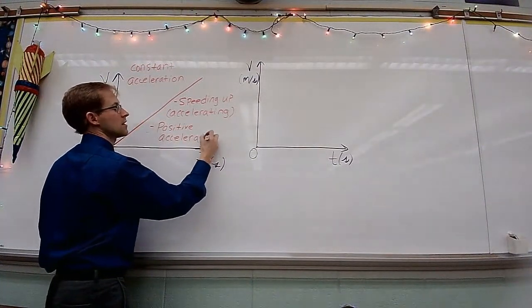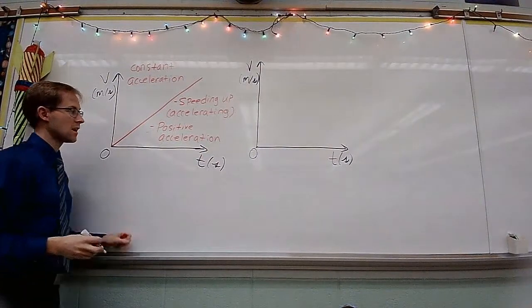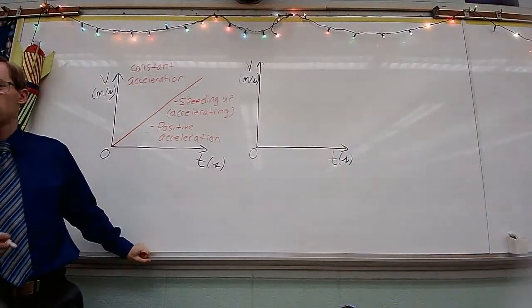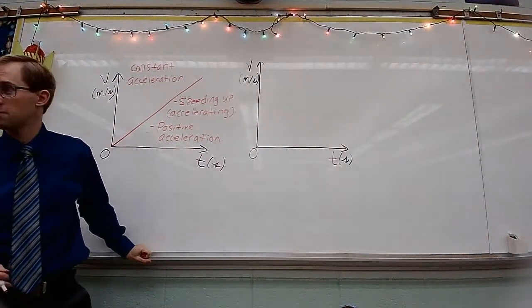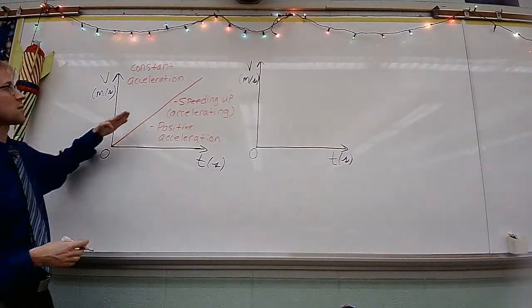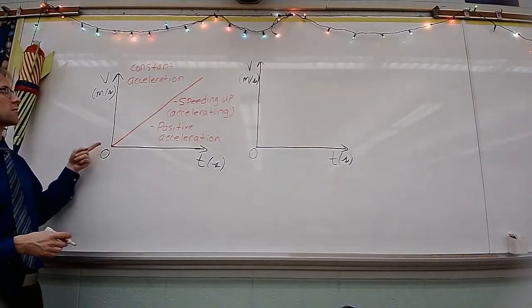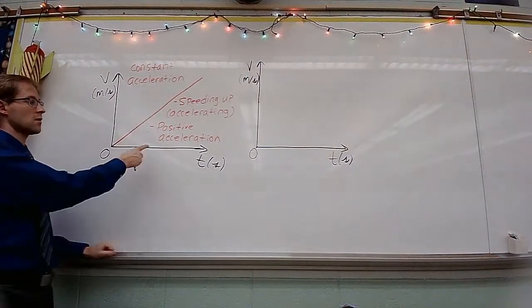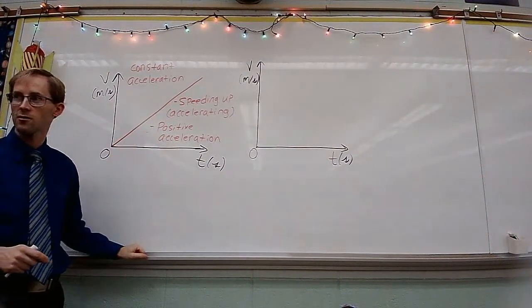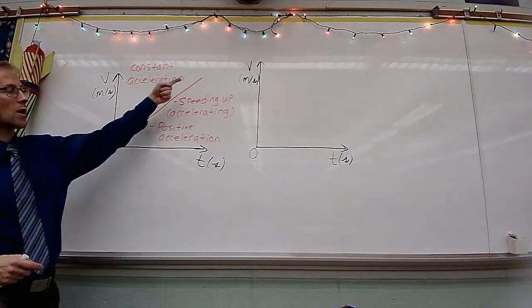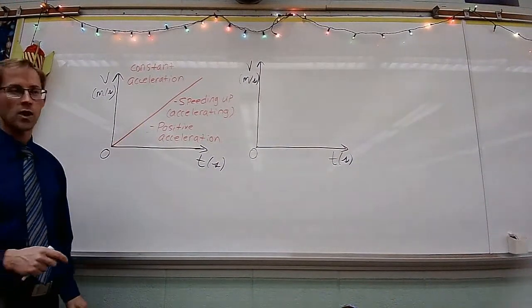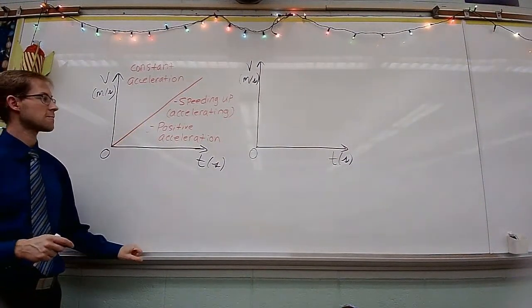And you can see that it's a positive acceleration in the same way that you could tell on a position time graph why we have a positive velocity. It's a positive slope. So if you have a positive slope on a velocity time graph, it's going to correspond to a positive acceleration. Just like a positive slope on a position time graph corresponds to a positive velocity.